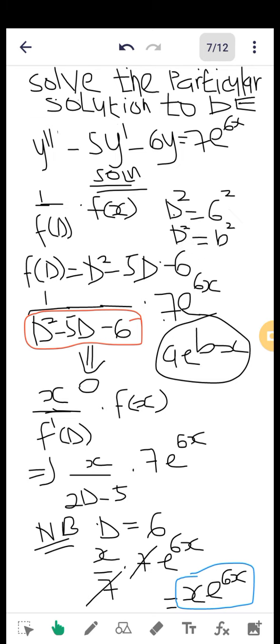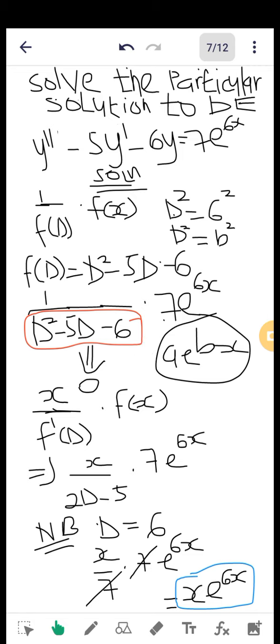So 6 squared will be 36 minus 5d. If d squared is equal to 6 squared, then my d will be equal to 6. So 36 minus 5 times 6, which is 30, then minus 6.